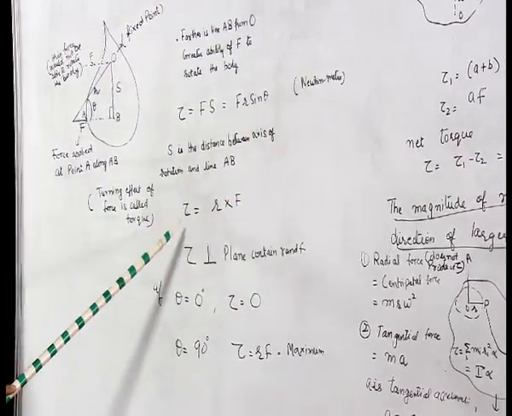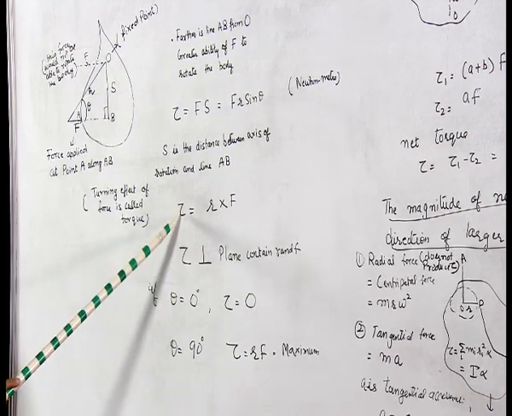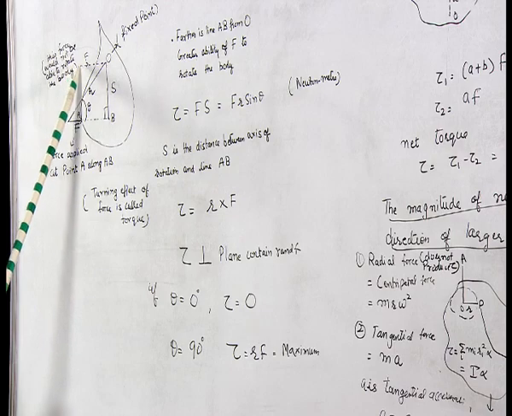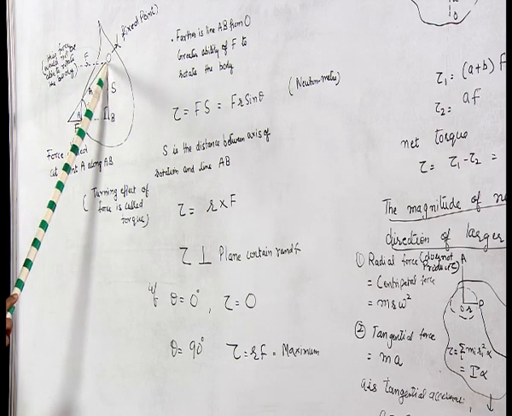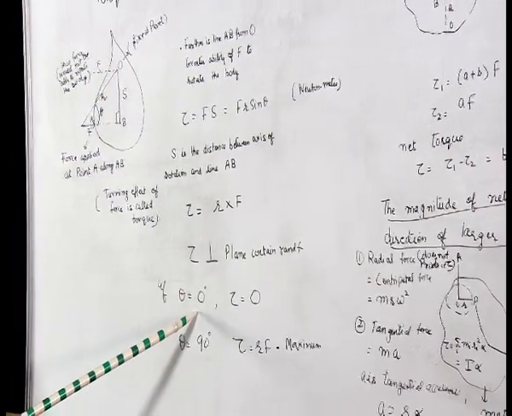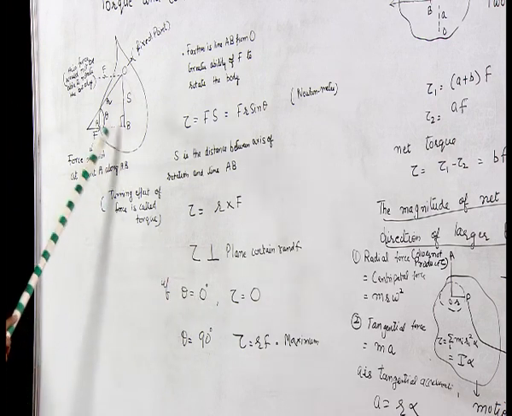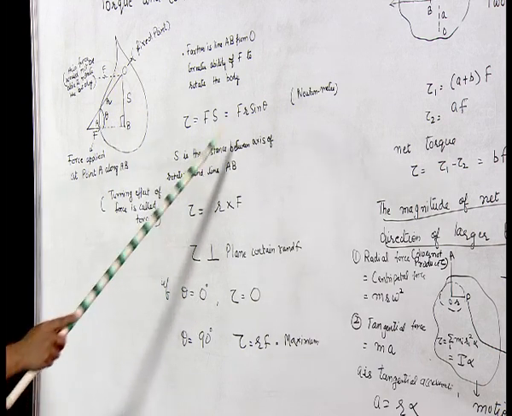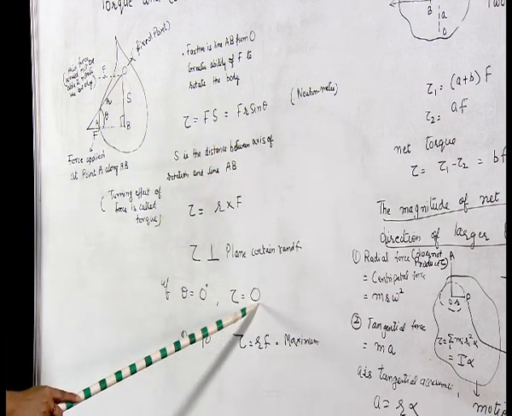Now there are two cases: when the torque is 0 and when the torque is maximum. The torque is 0 when theta is 0, that is, the angle between R and F is 0, and tau equals 0.